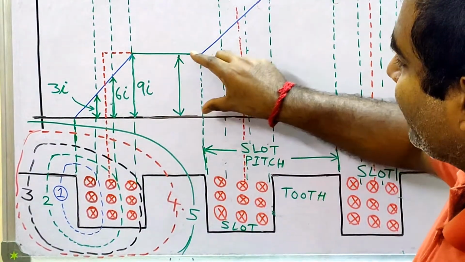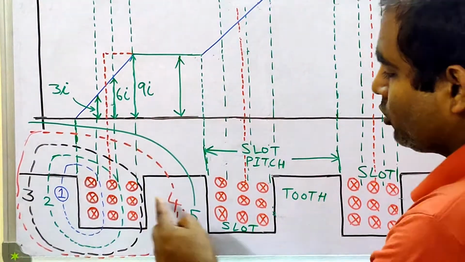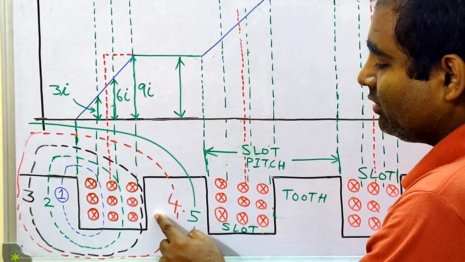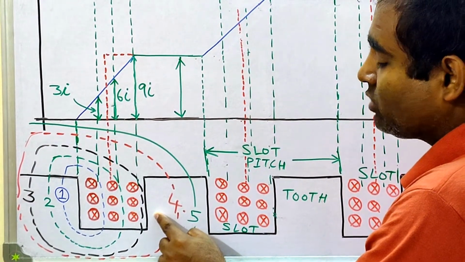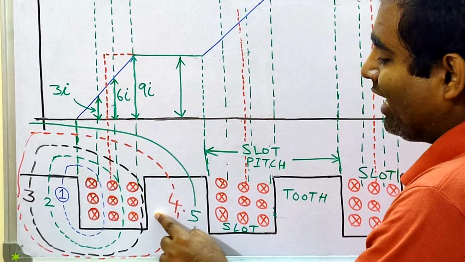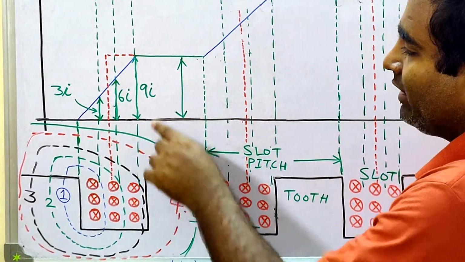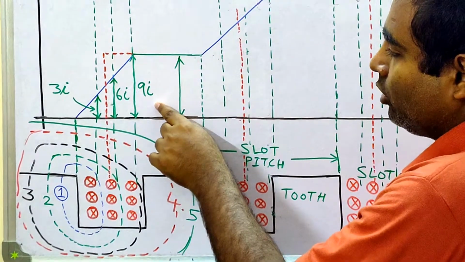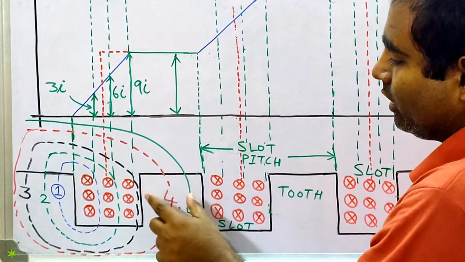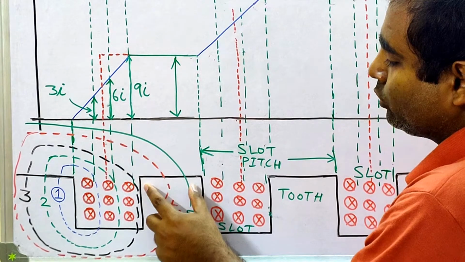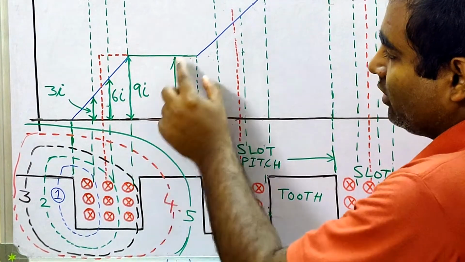It will remain at 9I, because after the slot portion, what comes? The tooth portion. The tooth is not housing any conductors. So that's why the MMF will remain at a constant or fixed value of 9I, till this tooth portion is covered.